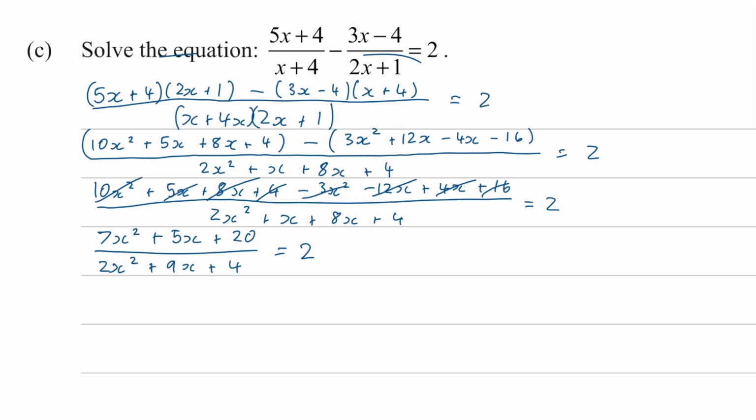All that hard work. Now we can multiply both sides by the denominator. And we're left with 7x squared plus 5x plus 20 equals 2 times that denominator.